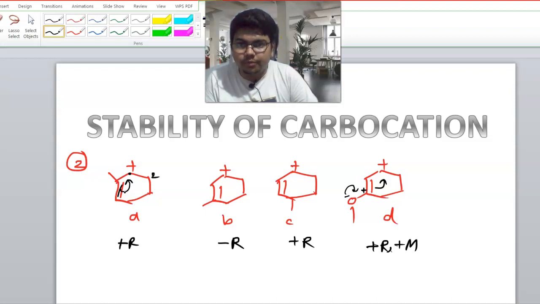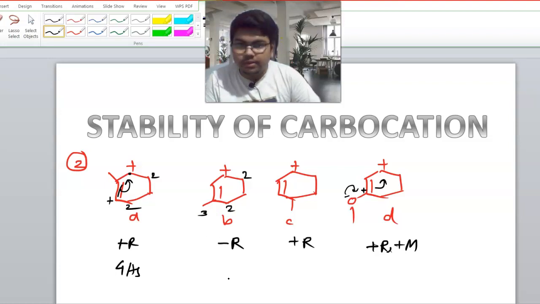So there will be 2, and if this undergoes resonance, then there will be positive charge, and for this 2 also, this will be contributing as a hyperconjugative structure. So 2 plus 2, 4 hyperconjugative structures. Second one, here is 2, and if it undergoes resonance, then there will be 2 plus 3.